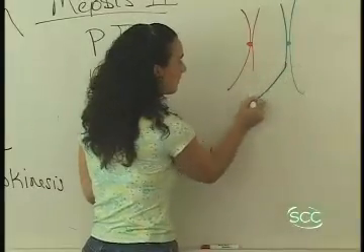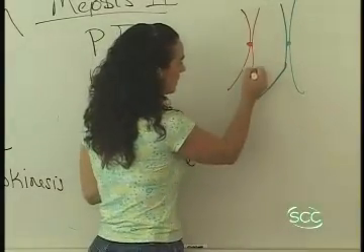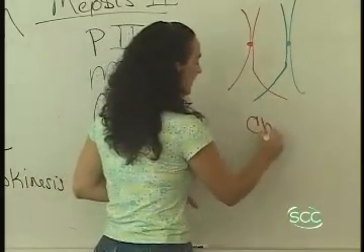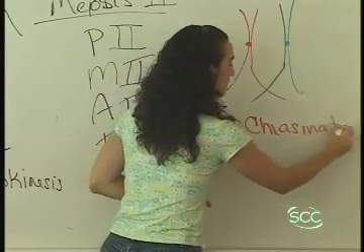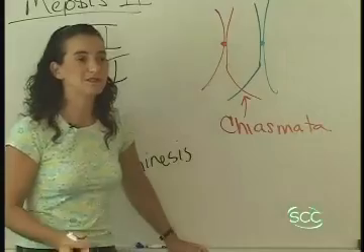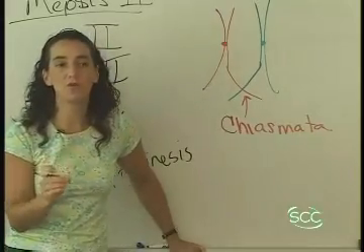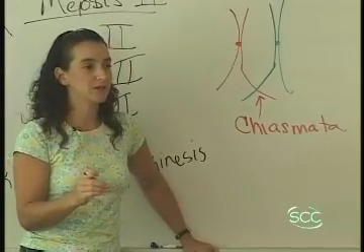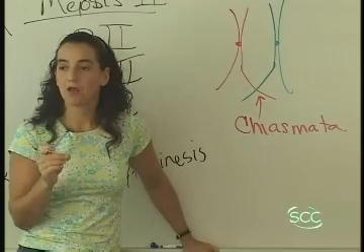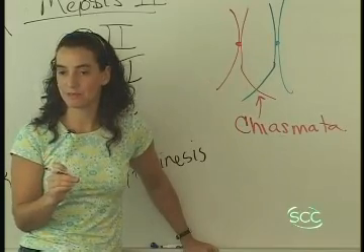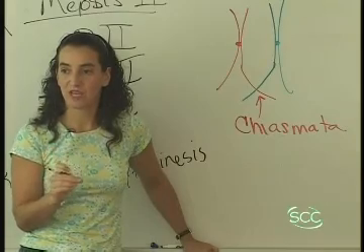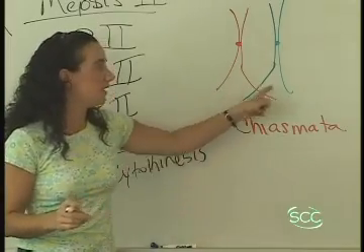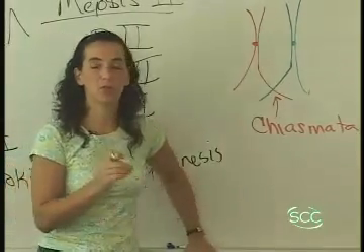And that's exactly what happens with these chromosomes. We see this crossing over here. We form this little X. This X is known as the chiasmata, which represents crossing over. Crossing over is an exchange of genetic information between non-sister chromatids, between the blue and the red chromosome.